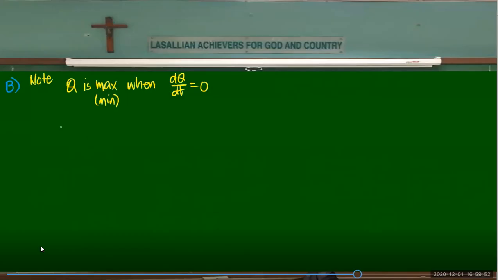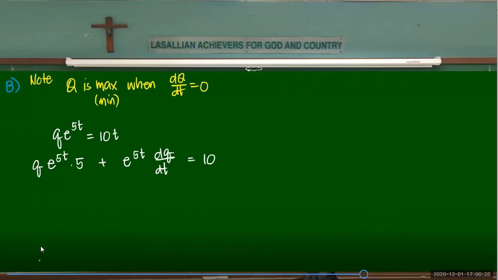So from letter A, q e to the 5t is equal to 10t. Let's apply the first derivative. Copy the first derivative of the second plus copy the second derivative of the first is equal to 10.